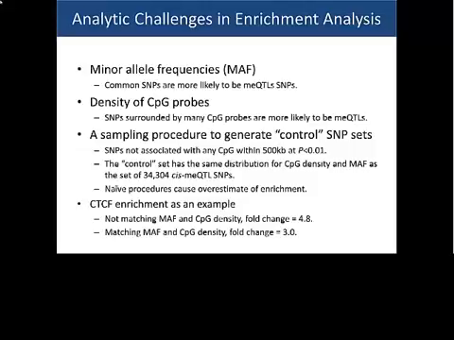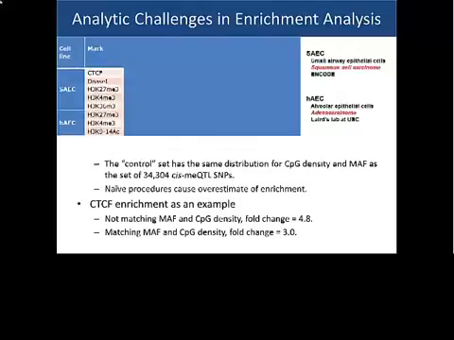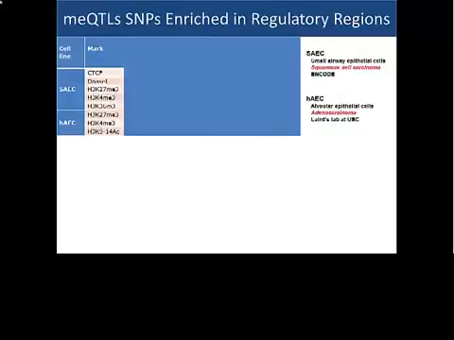But after rigorously matching for MAF and CpG density, the fold change is dramatically reduced to 3. Therefore, naive procedures may cause overestimation of such enrichment.